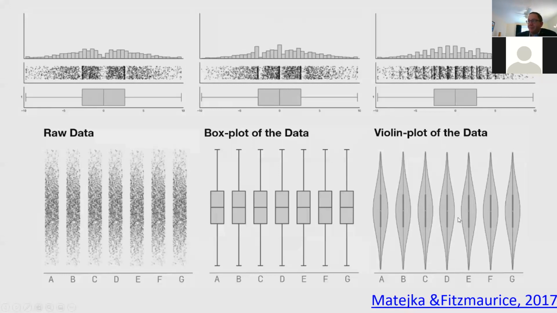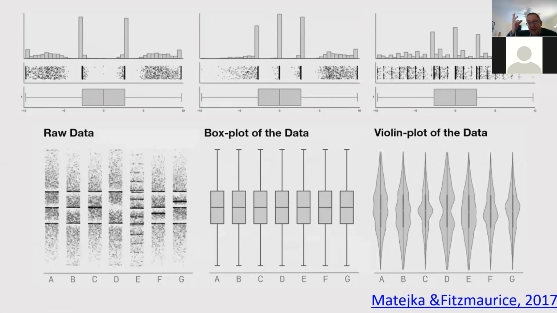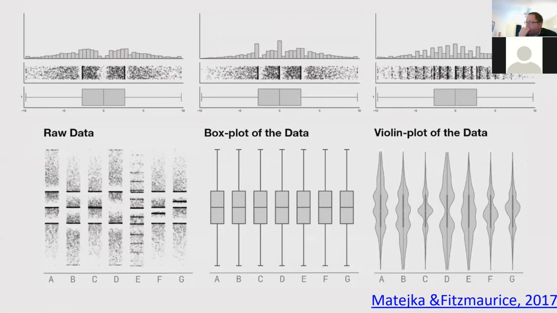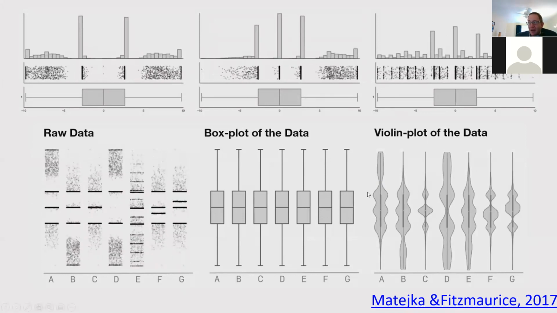And here's a violin plot. Same idea as a box plot. It gives you a distribution. It tells you how many points are in each of these spaces. The key to a violin plot is it also has its outside shape.